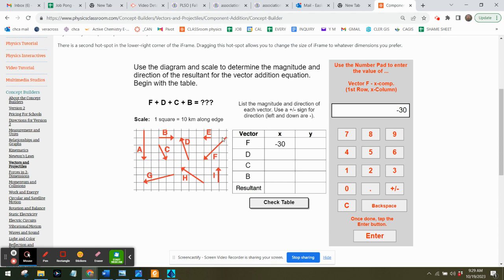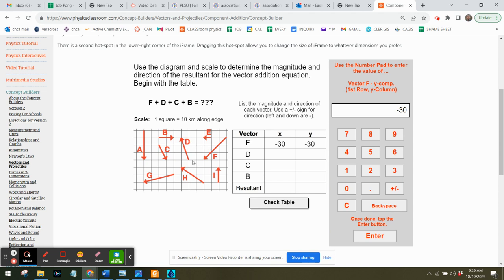And then on the x-axis, this way would be negative 30 because this vector is going over this way 1, 2, 3 blocks. Each block is 10. So that would be negative 30 on the x, and then the same on the y. I apologize for saying that backwards a second ago.